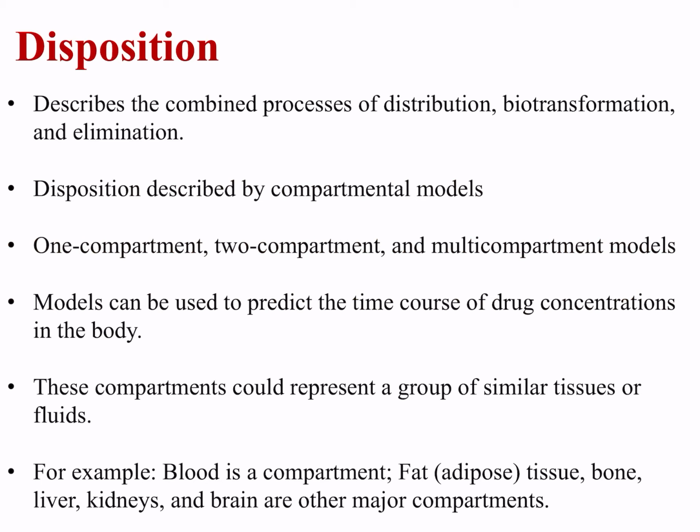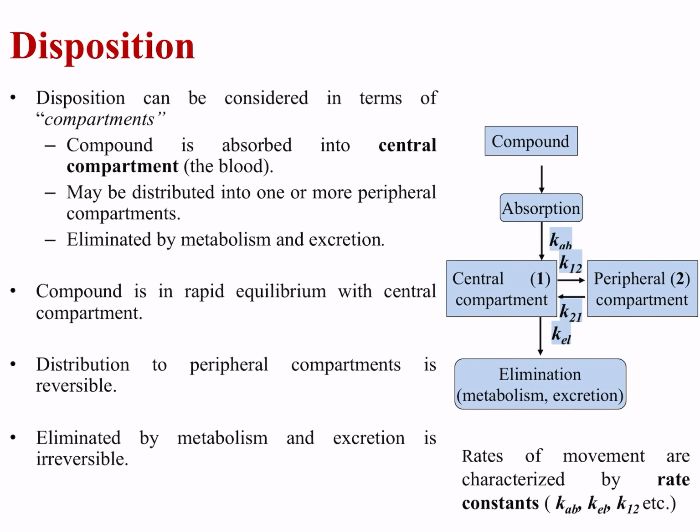For example, the blood is considered a compartment, as we saw in the last lecture. Fat or adipose tissue, bone, the liver, the kidneys, and the brain are all other major compartments. As is shown in the flowchart on the right, a compound is absorbed into a central compartment, in this case the blood. It may be distributed into one or more peripheral compartments also.